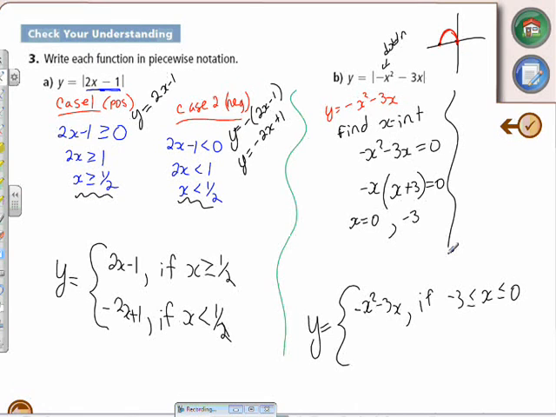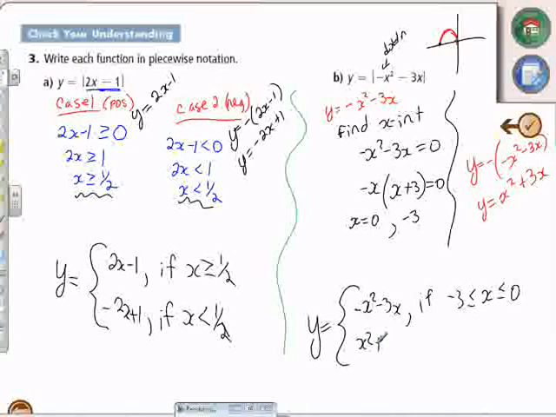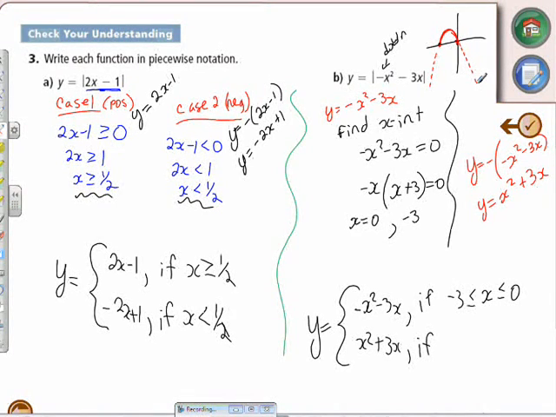And now we are going to look at the opposite side, which would be y equals the case 2, the negative case, negative bracket, negative x squared minus 3x. Distribute that in, and we're talking about x squared plus 3x. That's going to happen, well, from the original parabola, it would have been going down in either direction.